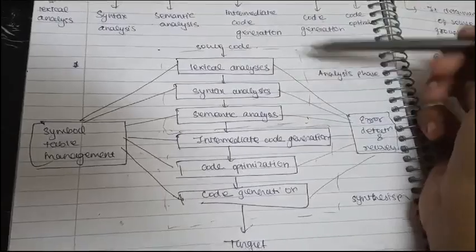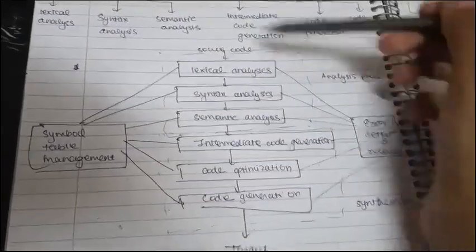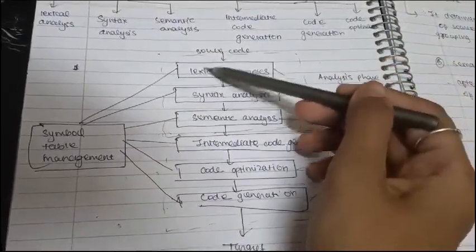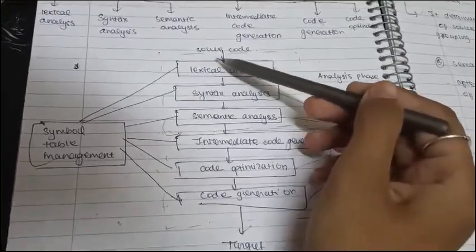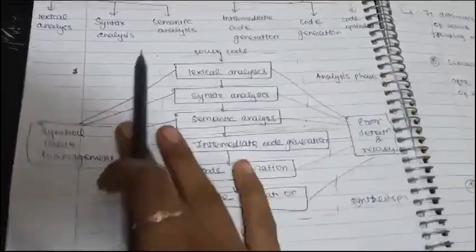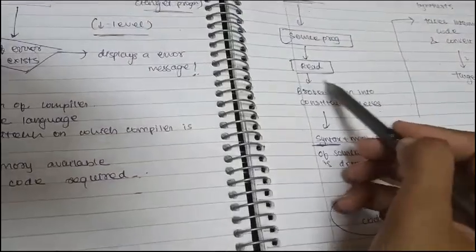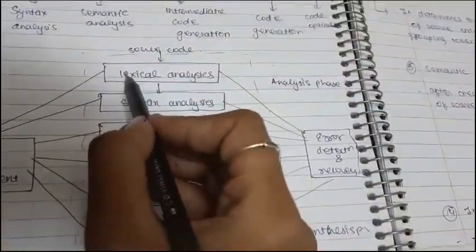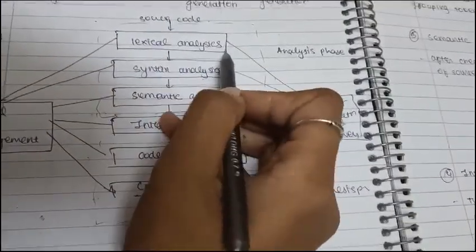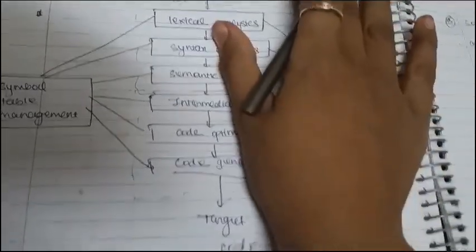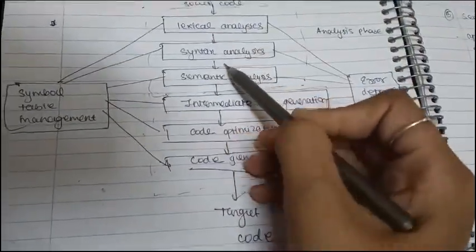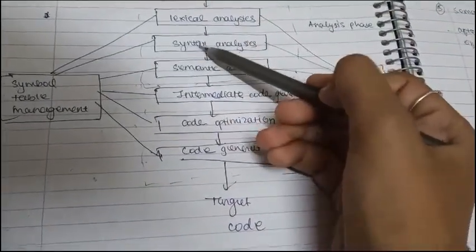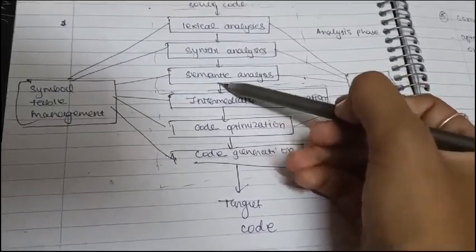The analysis phase is divided into lexical analysis. In the lexical analysis, scanning will be done. The source code will be read, and then broken down into constituent pieces, which we call tokens, which I'll explain later. Then it is passed to the syntax analysis. After analyzing the syntax, it is passed for the semantic analysis.